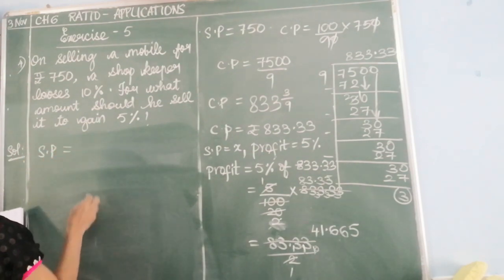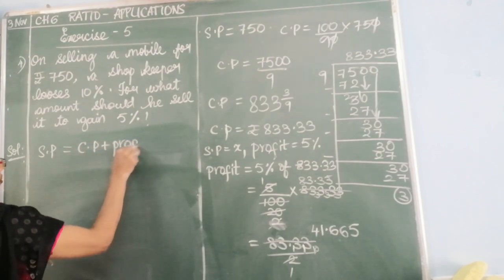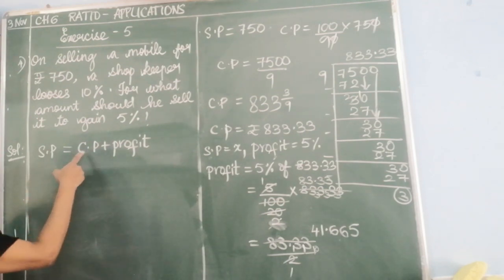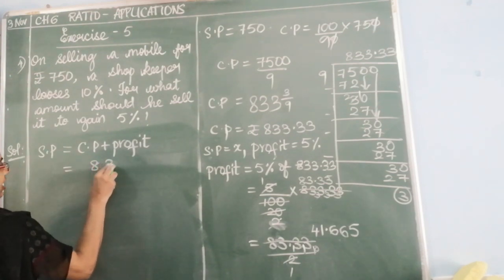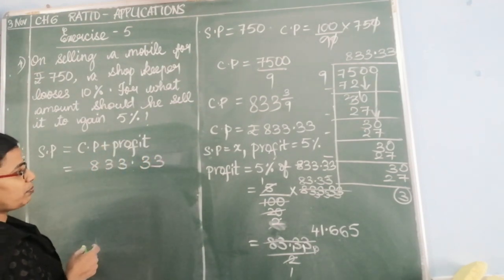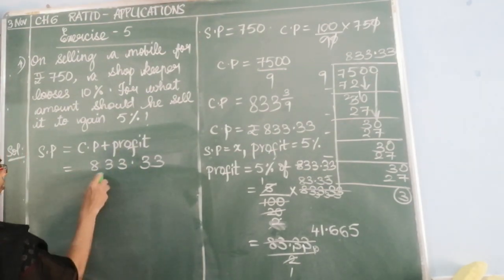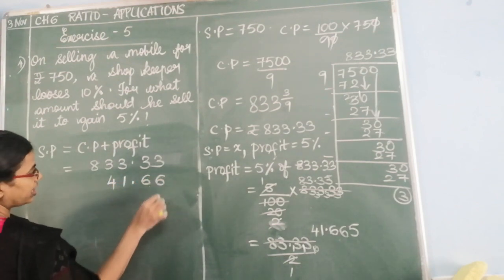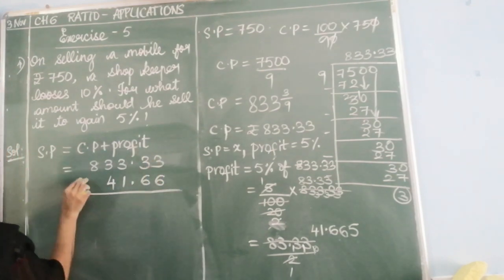Selling price is nothing but CP plus profit. So this is nothing but CP. What is CP? CP here we got it as 833.33. This is the CP. Then what is the profit you got? Profit you got it as 41.665. If you want to write 5, you write, otherwise I am stopping it there.